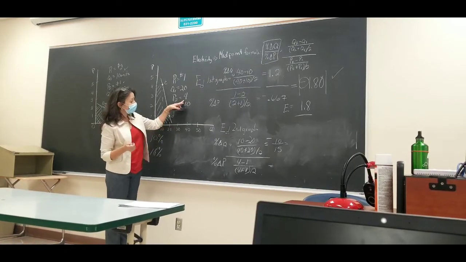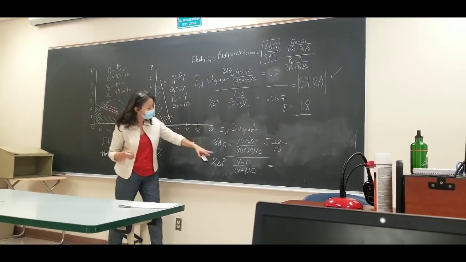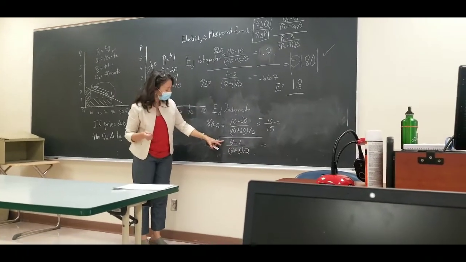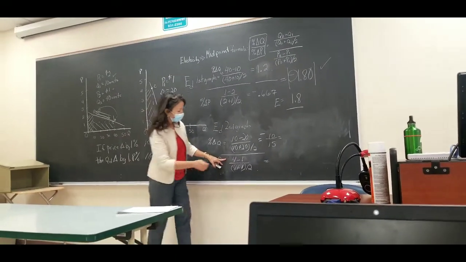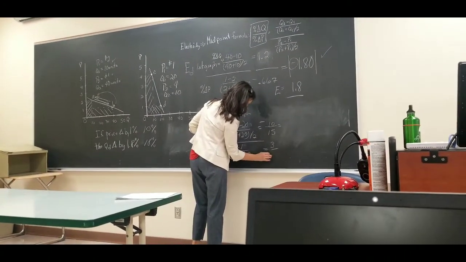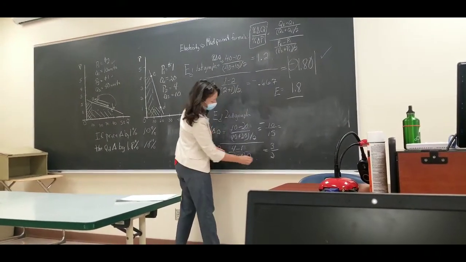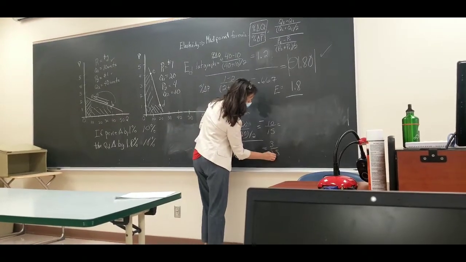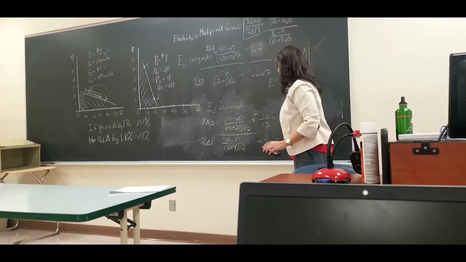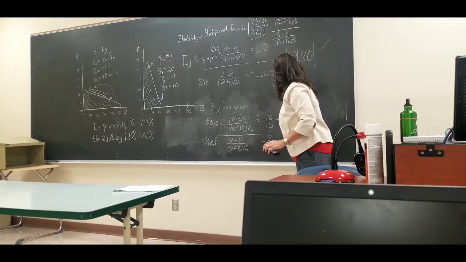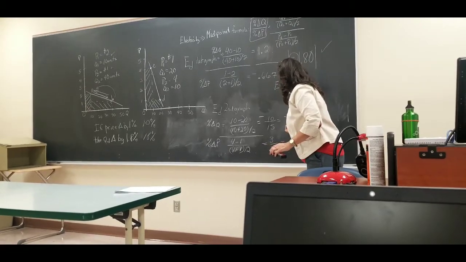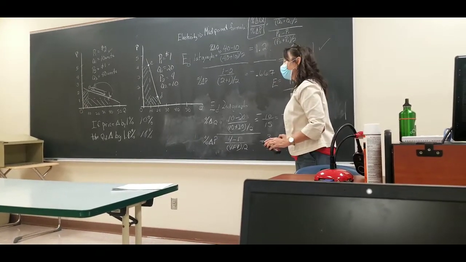Then P2 is 4 minus 1, and 4 plus 1 divided by 2, so that would be 3 over 2.5. The top answer is going to be negative 0.667, and the bottom answer is going to be 1.2.